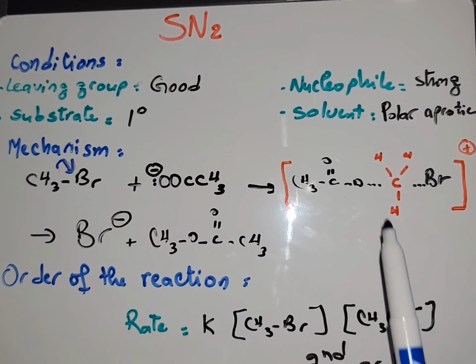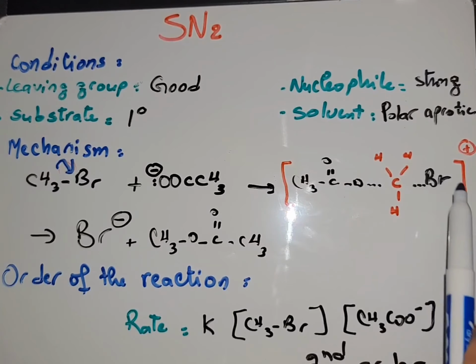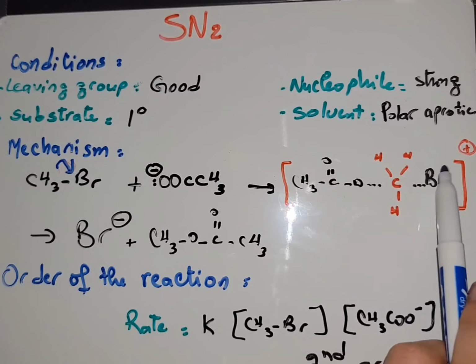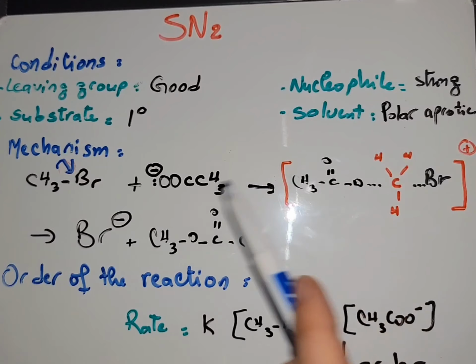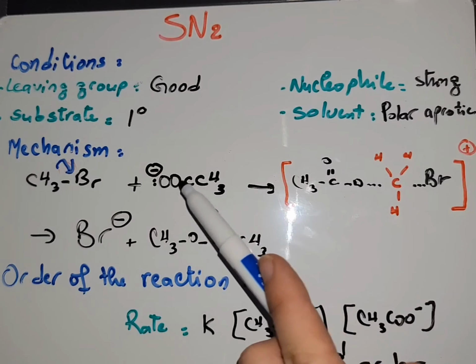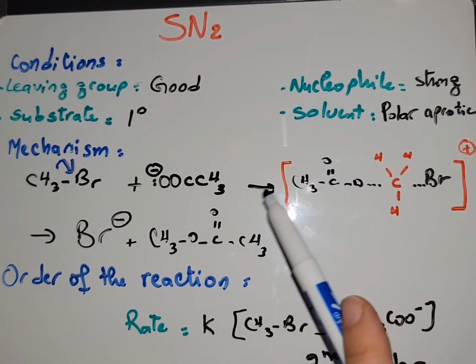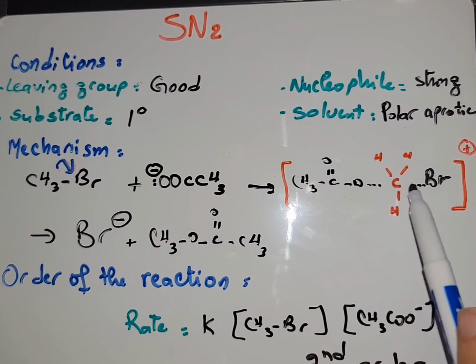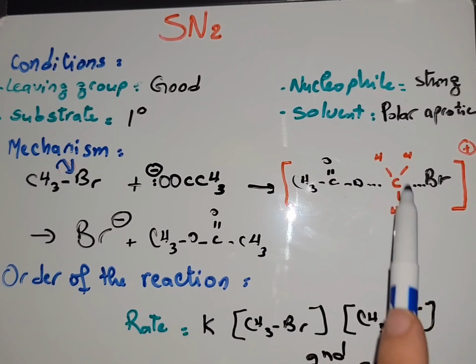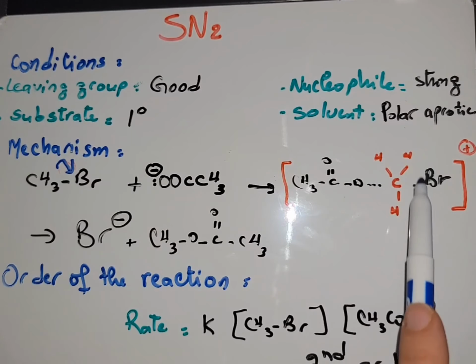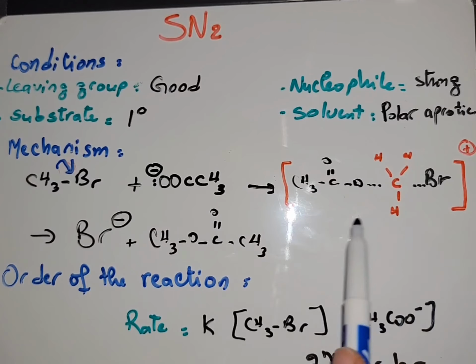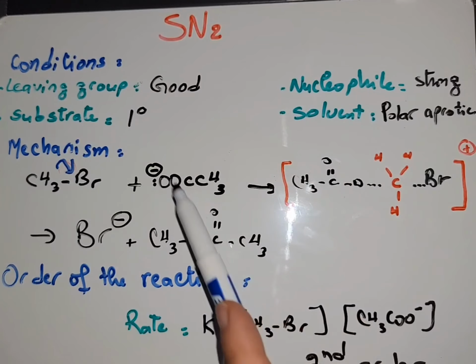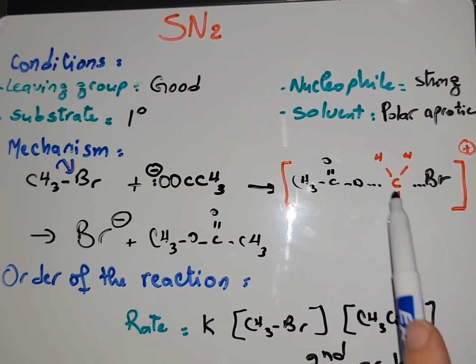We have at the same time the bromine atom, which is the leaving group, which leaves, and from the other side comes the acetate ion, which is the nucleophile, and will attack the carbon. We can't have 5 bonds. First, the bromine atom leaves, and then after a few seconds, the acetate ion comes to bond to the carbon atom.